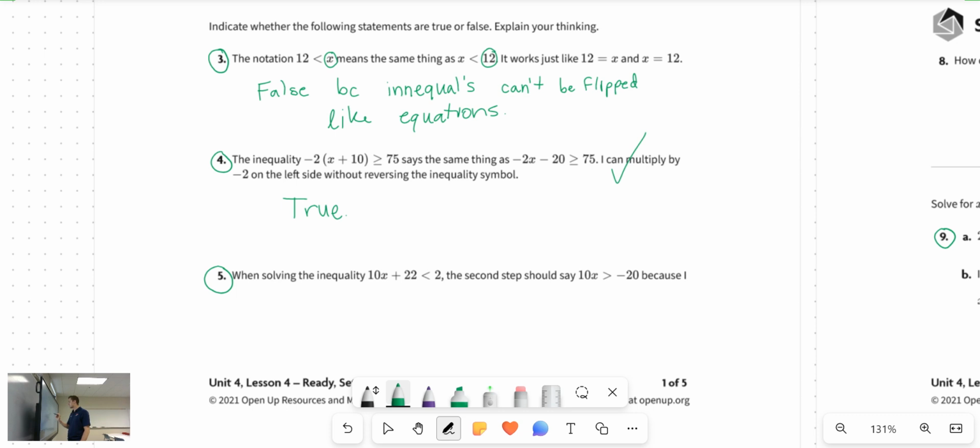Expanding on one side will not change the inequality.